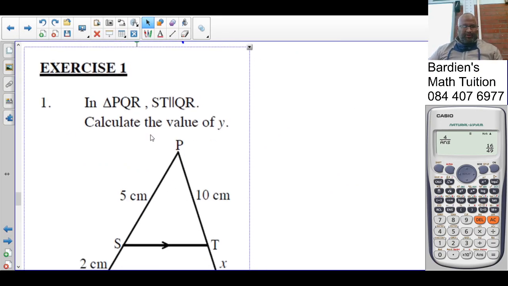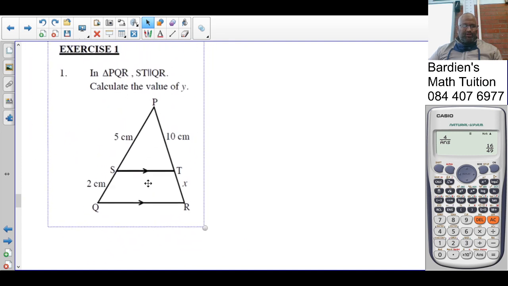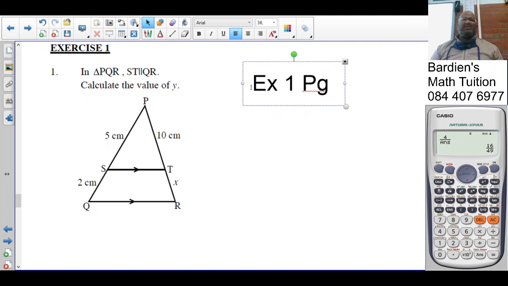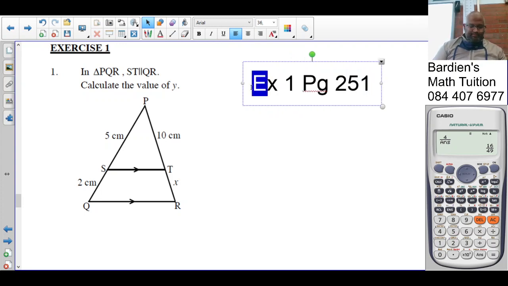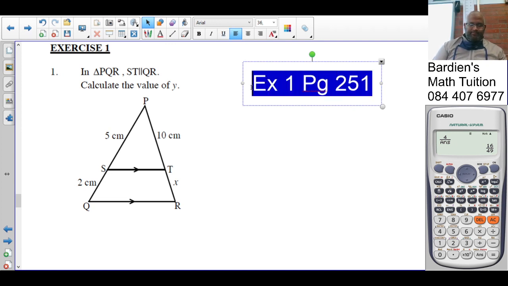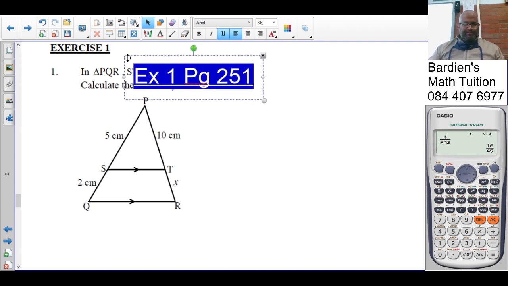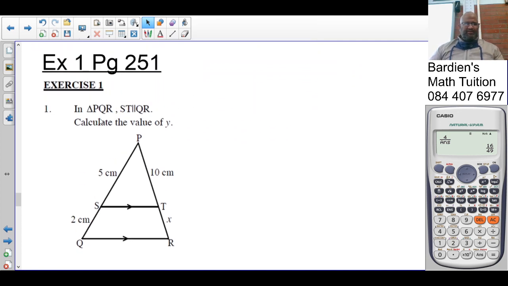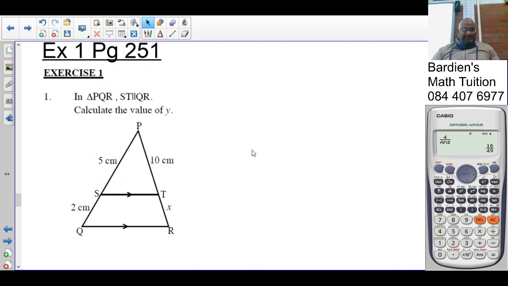This is exercise 1. This is what I gave you for homework, and this was on page 251.